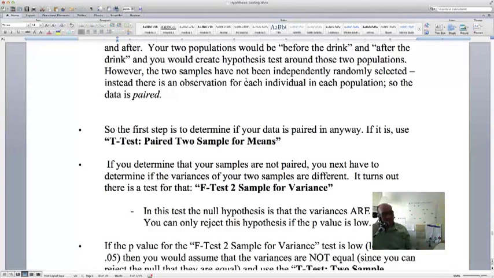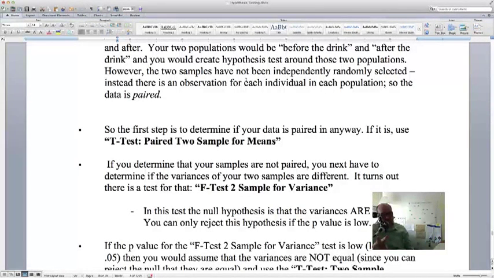So half my population would jump with the tonic, and half would jump without the tonic. If I did that, then it would not be paired data, right? Because half the people that jumped who had the tonic had nothing to do with half the people who jumped that did not have the tonic.